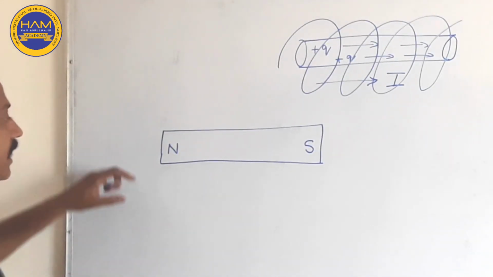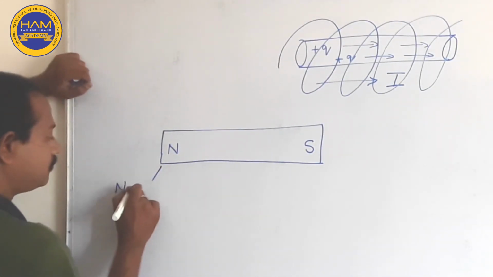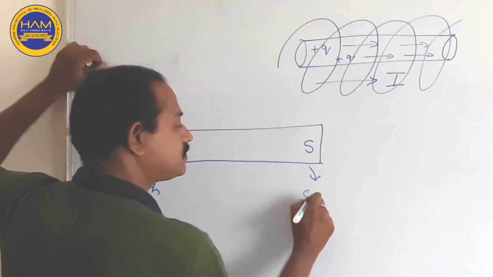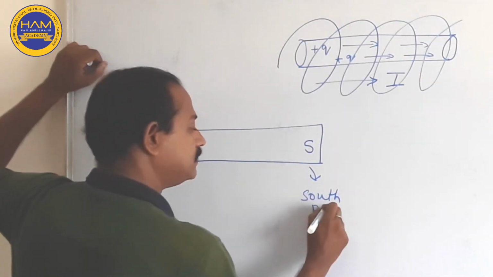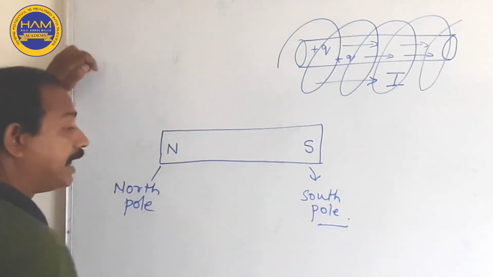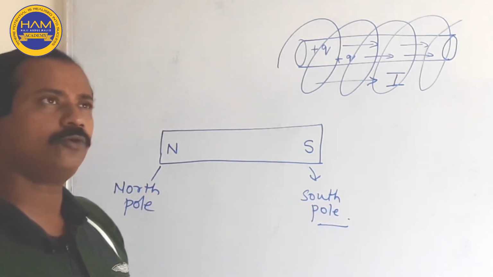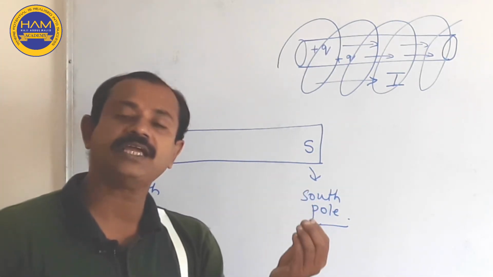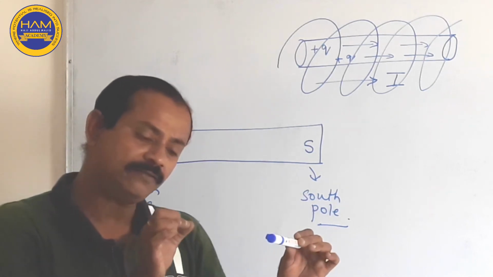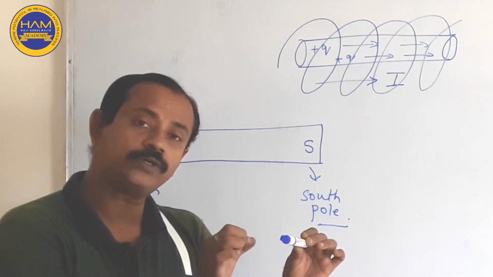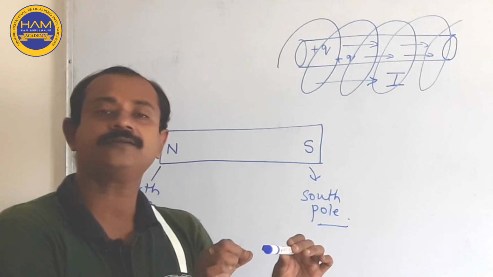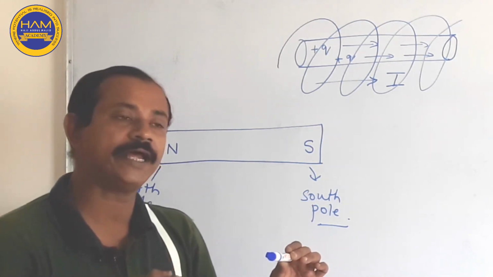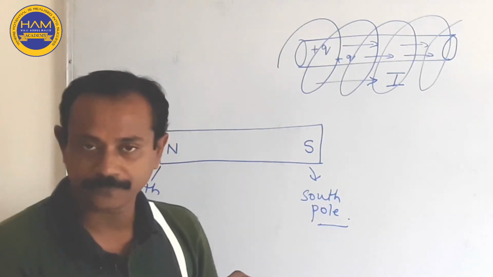What are these N and S? This is the north pole and this is the south pole of the magnet. You might also have seen that when you bring iron nails towards a magnet, at a point the magnet snatches the iron nail away from your hand and the nail sticks to it.